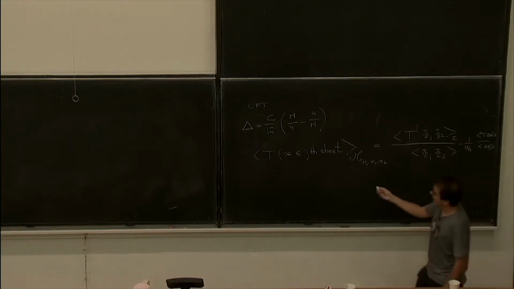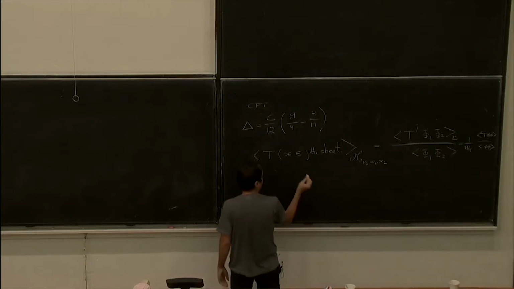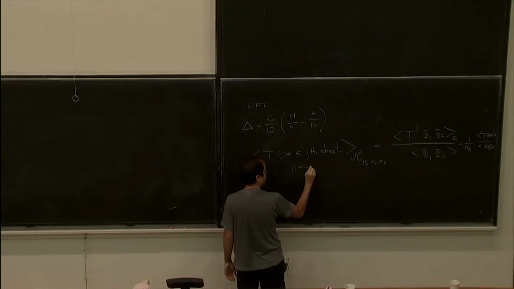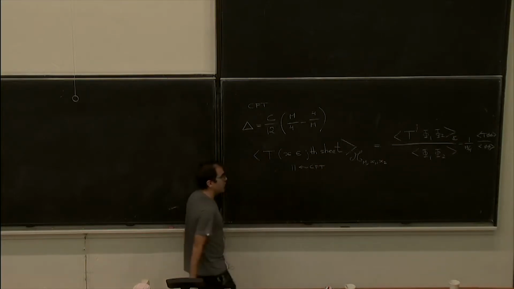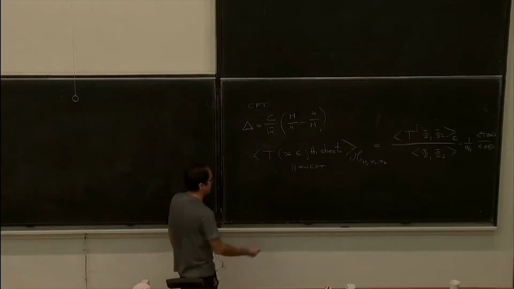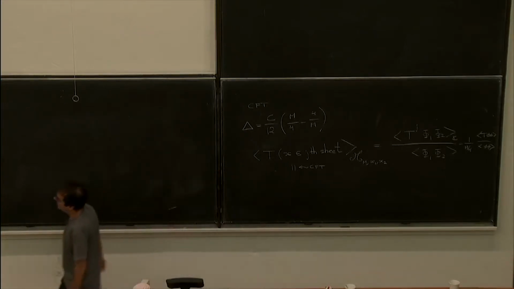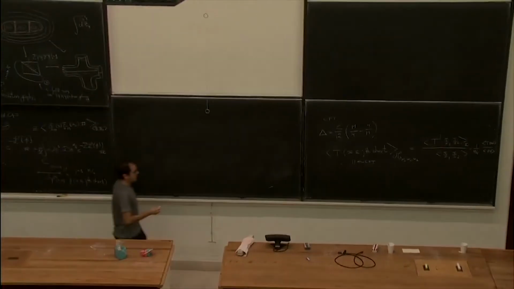But on the other hand, what we can do, if we are in a CFT, this is where a CFT is entering, we can apply a conformal transformation that sends this configuration into the sphere. So that's easy to do.